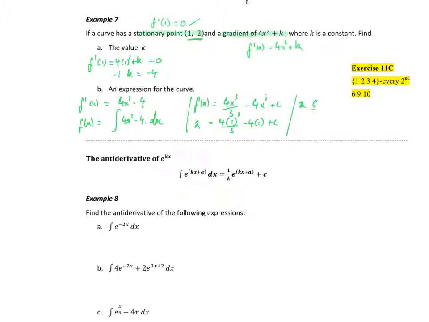We get 6 on 3 minus 4 on 3 plus 12 on 3 is equal to C. So what's that? 6 minus 4 is 2 plus 12, 14 on 3. So therefore, f of x is equal to 4x cubed on 3 minus 4x plus 14 on 3. All right, off you go.